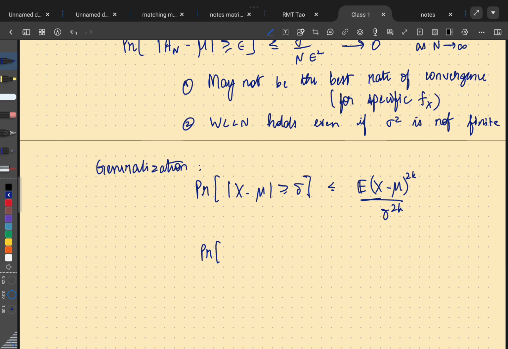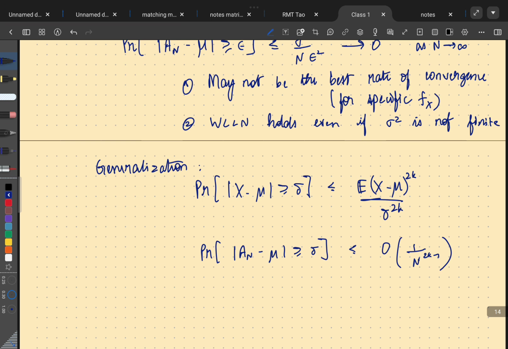then this particular approach, for the probability of deviation greater than or equal to δ, would basically give me some constant divided by n to the power k, not just square, into the 2k minus 1.